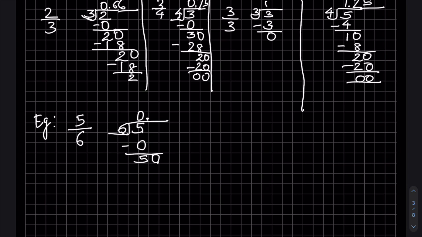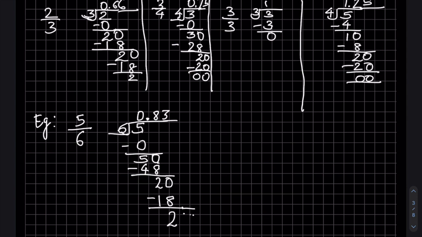6 table, the number smaller than 50 is 6 eights are 48. 50 minus 48 gives 2, and the decimal point is already put, so I write 0. 6 threes are 18. 20 minus 18 gives 2, and the division continues so forth.